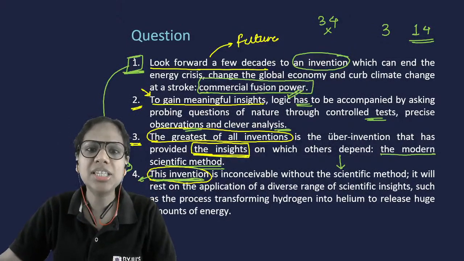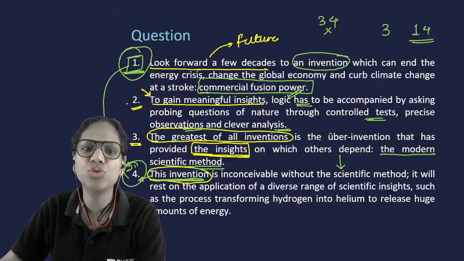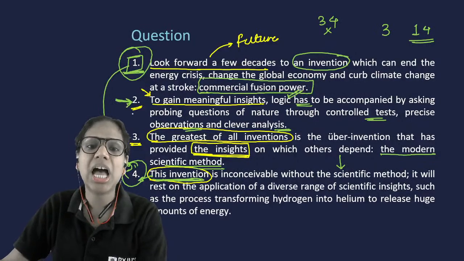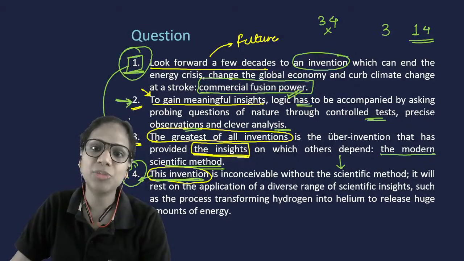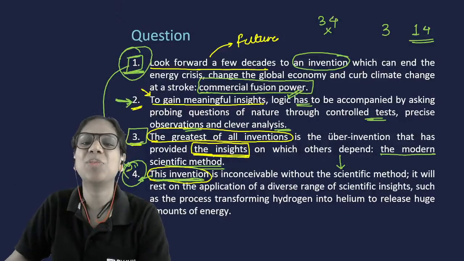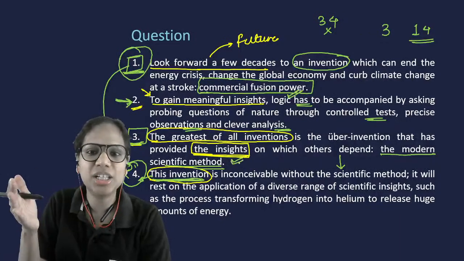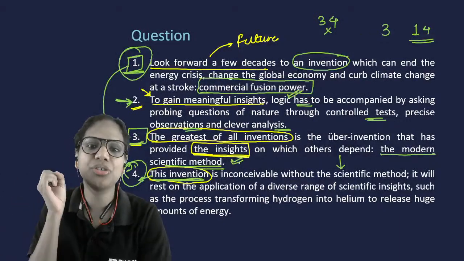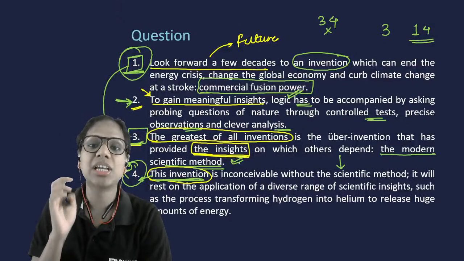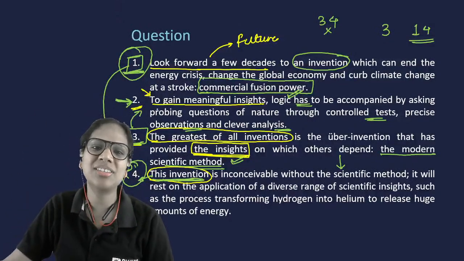Now this is a future invention, so I am sure I'm not talking about this future invention when I mention this. I am rather explaining the process of this invention. So I am actually explaining the modern scientific method here: what happens when we apply the scientific method to something, we carry out controlled tests, we seek precise observations, we go for a clever analysis. So it is just explaining the modern scientific method.